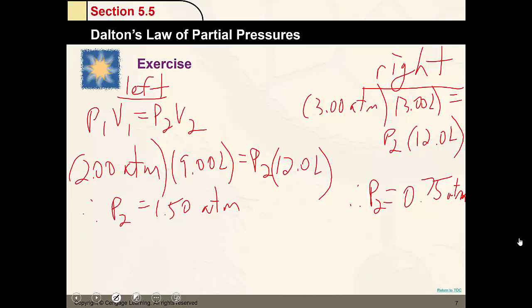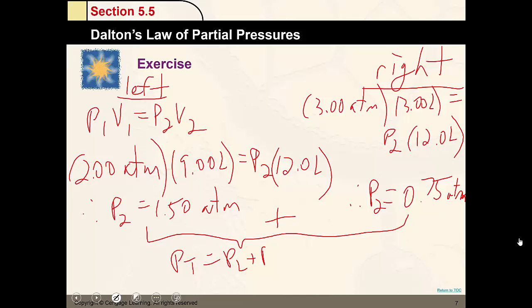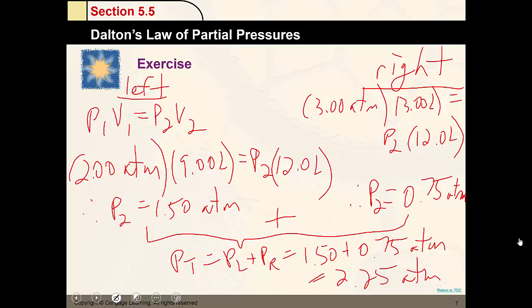Now to get the total pressure, we add these two together. Pressure of the left side plus the pressure of the right side, so 1.5 plus 0.75 atmospheres. That means we get a total pressure of 2.25 atmospheres.